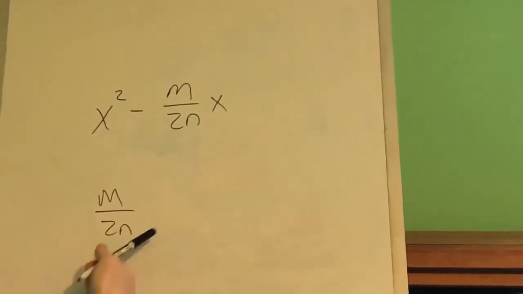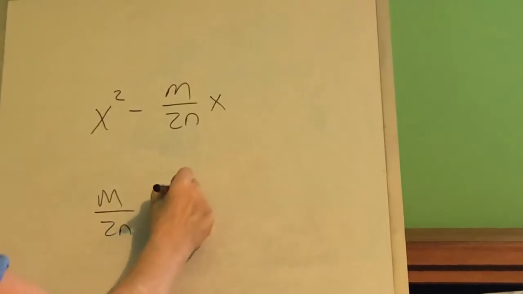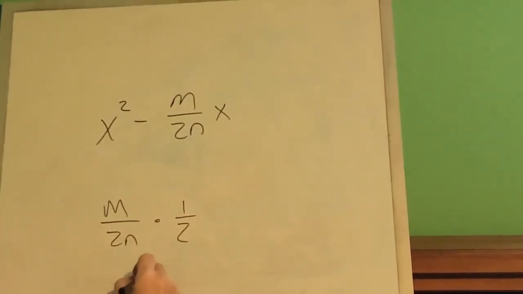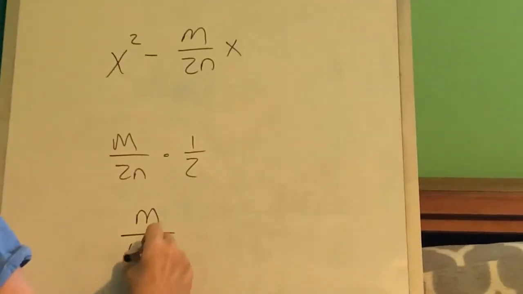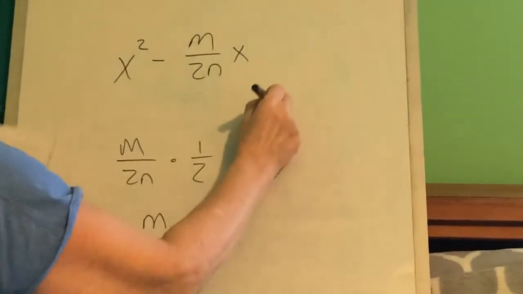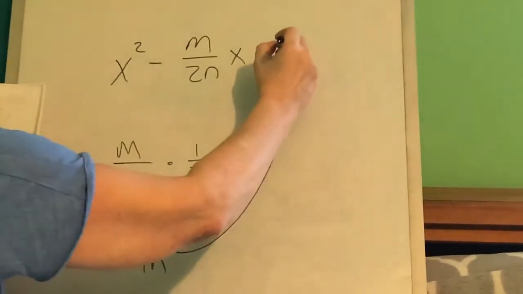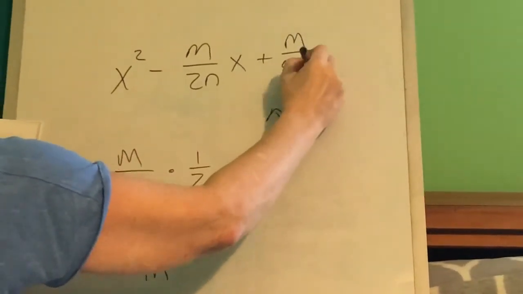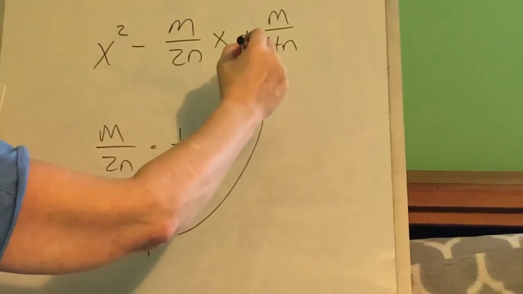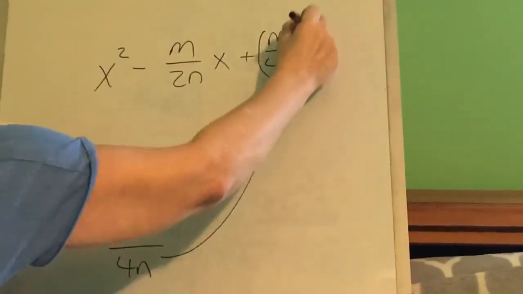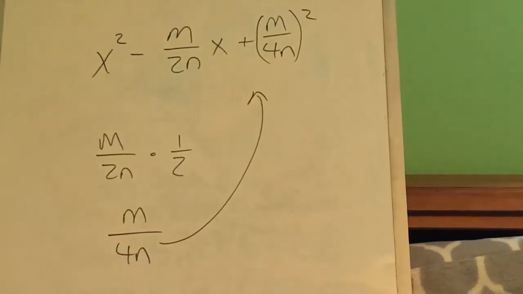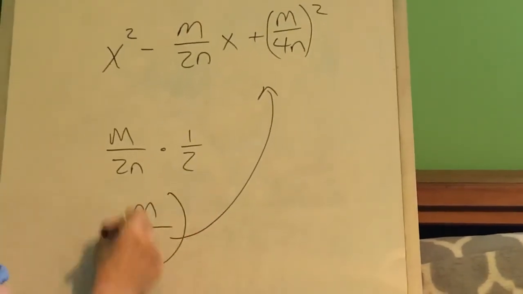Instead of dividing by 2, since it's a fraction, we're simply going to multiply by 1/2, which will give me m over 4n, which then will be the value that we put up here. We're going to add m over 4n squared. All right, or you can put m squared over 16n, but again, there's really no reason to do that.